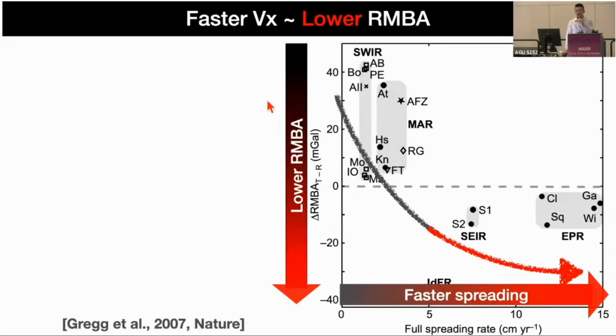It is also inspired by the global systematics of spreading-rate-dependent gravity. You see here that the residual mantle Bouguer anomaly, RMBA, of the transform fault decreases when the spreading rate increases.